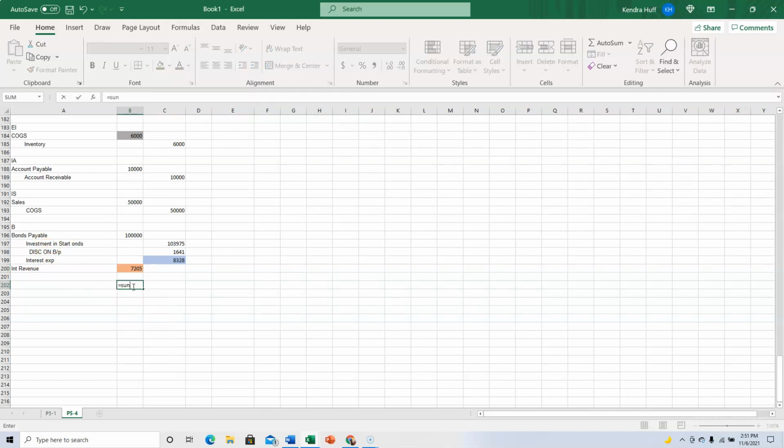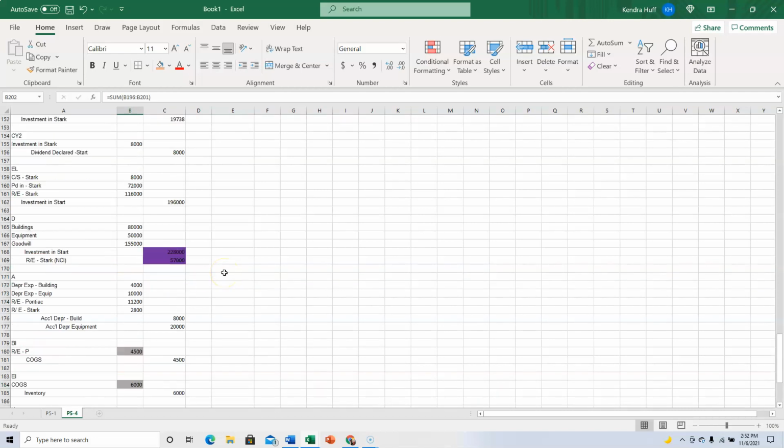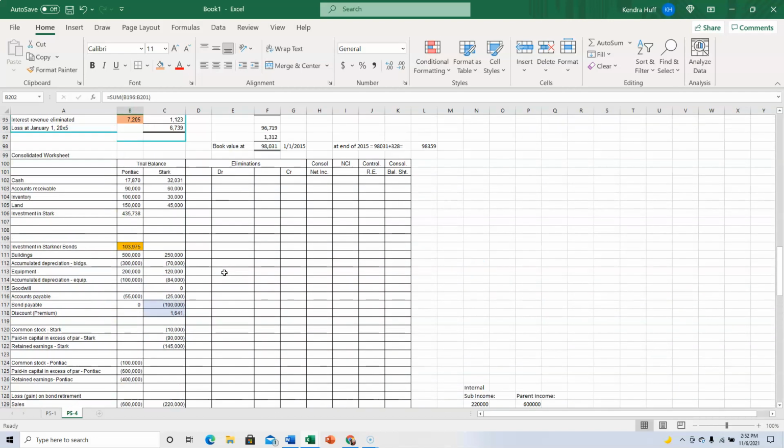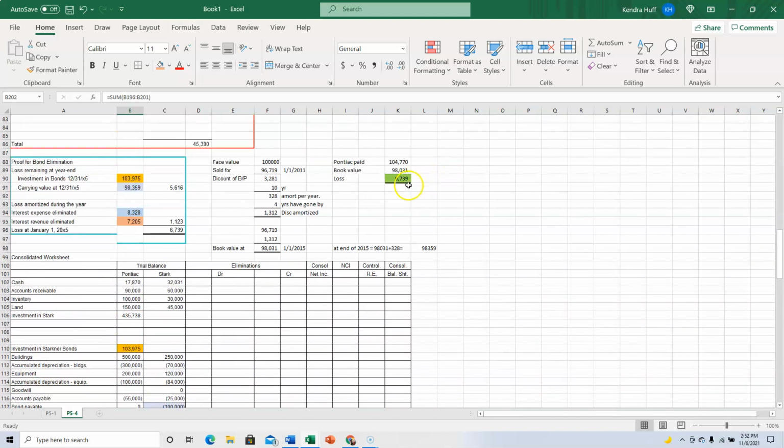And I'm pretty sure I'm not going to balance out. And I'm off by 67.39. It needs to go on the debit side. And if you recall, that is the loss up here on the bond.